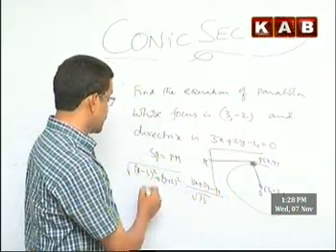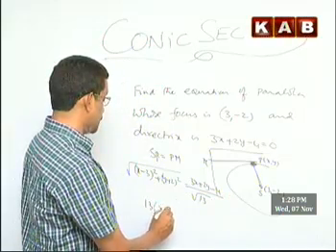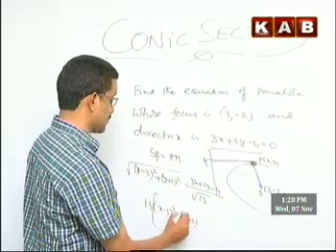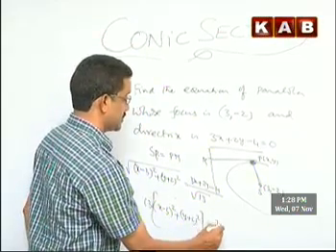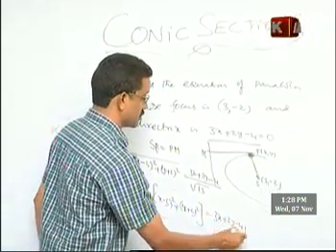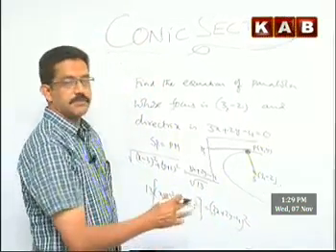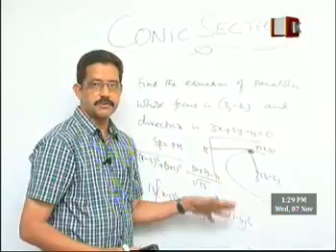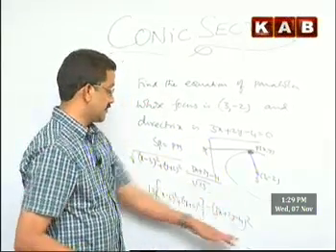If you square this, 13 into (x minus 3) whole square plus (y plus 2) whole square is (3x plus 2y minus 4) whole square. You should simplify it in a neat manner, and we leave the simplification for you. Just simplify this in your notebook.